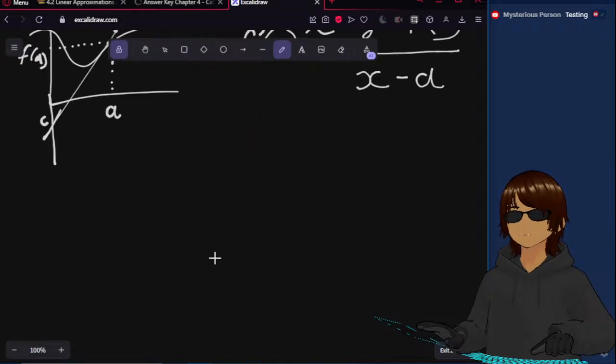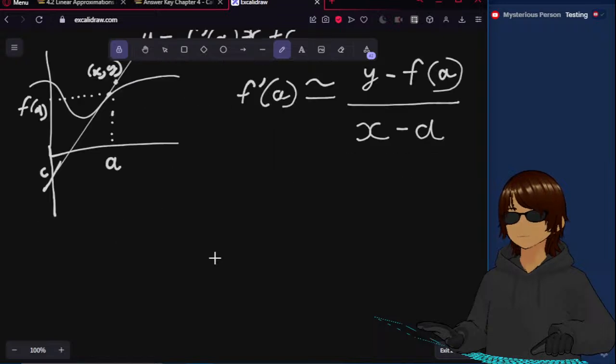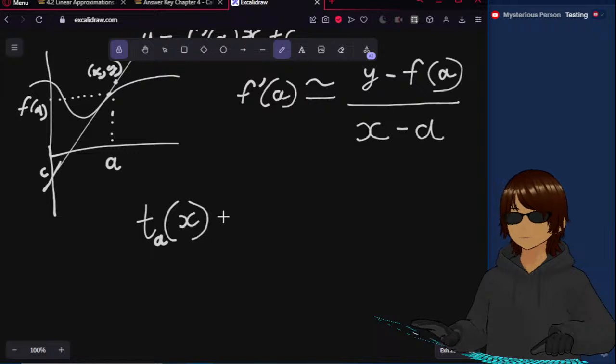I think it would be easier if I write T of a. So tangent at a.